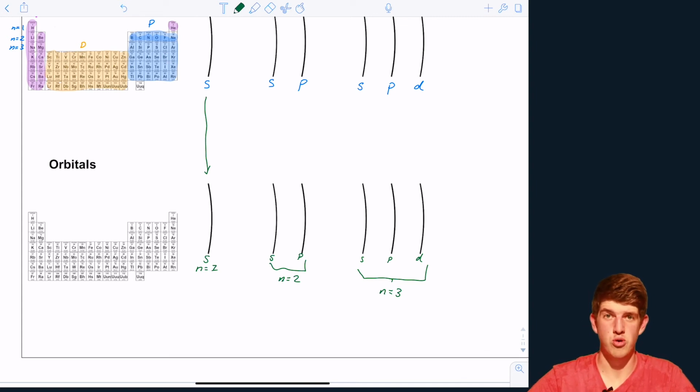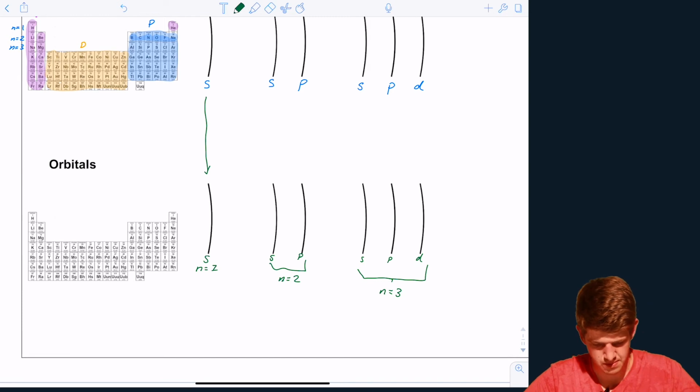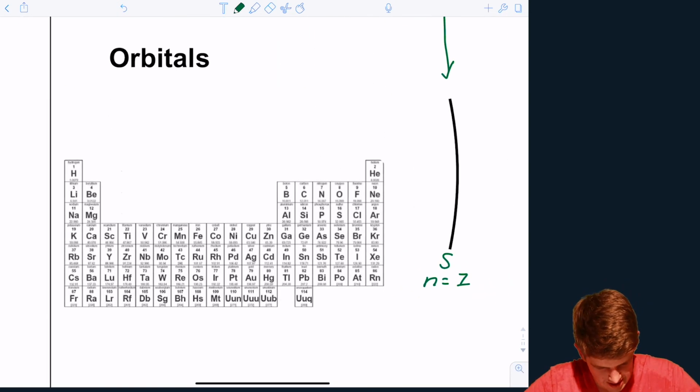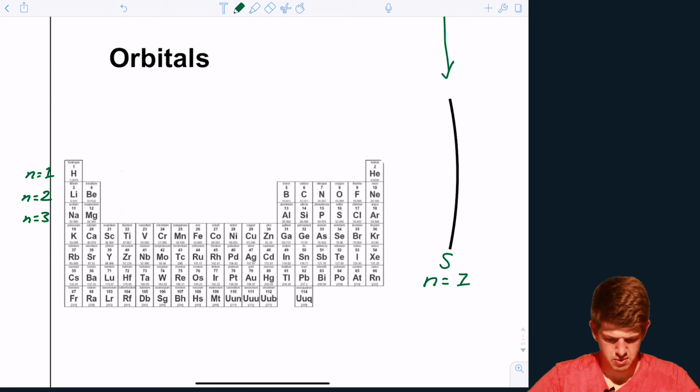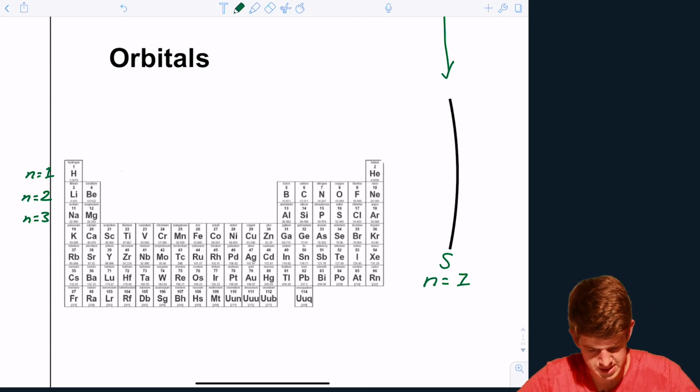Now, how many orbitals go into each one of those subshells? Well, just like before, this can be represented on the periodic table. So now what happens? So orbitals, and this is just something important to memorize, how many electrons go into each orbital?